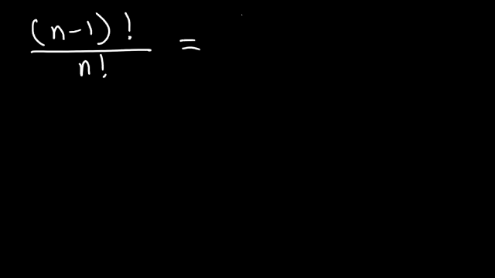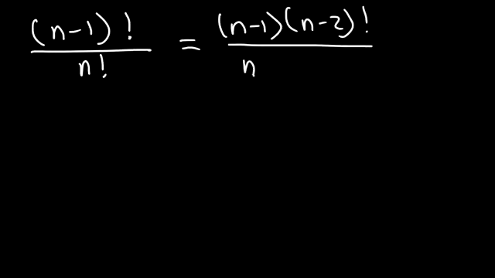Here's another one that you could try. n minus 1 factorial divided by n factorial. What does that simplify to? Now, n minus 1 factorial is less than n factorial, so I'm going to rewrite it like that, or we can take the next one. 1 less than n minus 1 is n minus 2. n factorial is going to be n, and then 1 less than that is n minus 1, and 1 less than that is n minus 2.